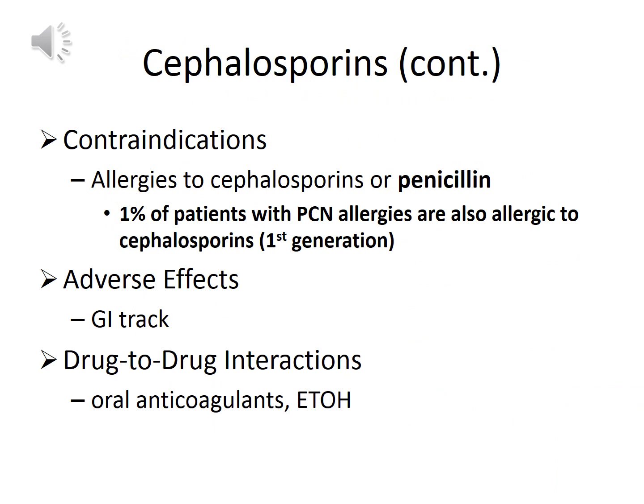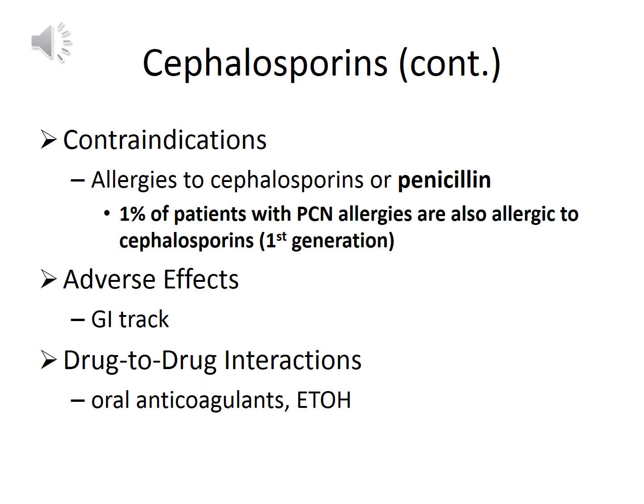So wrapping up the cephalosporins, the primary contraindication to cephalosporins is if a patient's allergic to them. Not only allergic to cephalosporins, but maybe allergic to penicillins as well. When I learned this, I learned that 10% of patients with penicillin allergies were also allergic to cephalosporins, and that was really a first generation thing.